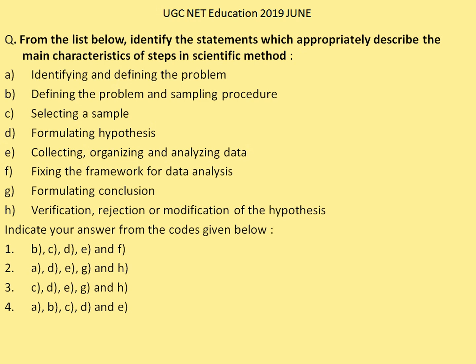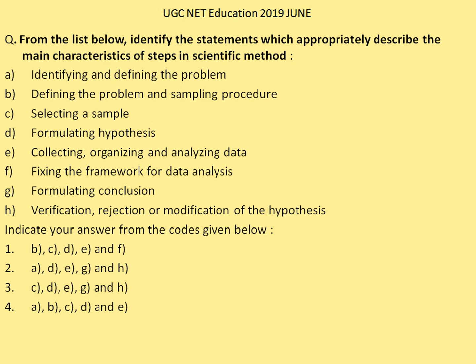First, identifying and defining the problem, then defining the problem and sampling procedure, selecting a sample, formulating hypothesis, collecting, organizing and analyzing data, fixing the framework for data analysis, formulating conclusion, verification, rejection or modification of the hypothesis. Just see the codes which are given below.